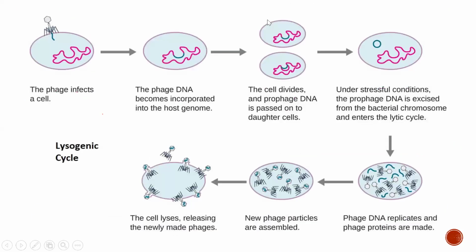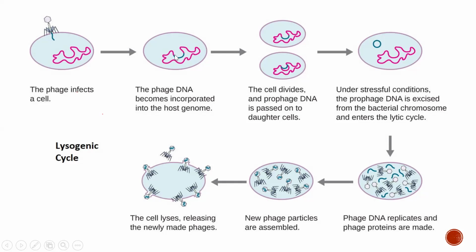Then this is a pictorial representation of what I'm talking about. In the lysogenic phase, just like the lytic cycle, the bacteriophage attaches to the cell wall of the bacteria, so they infect the cell. And then the next step is that they integrate themselves into the bacterial chromosome.